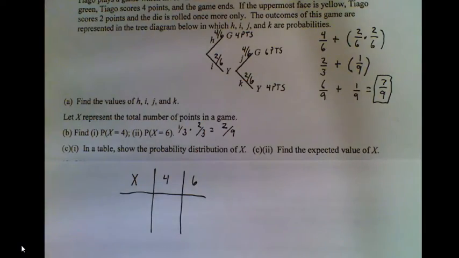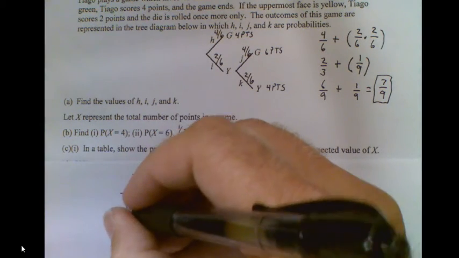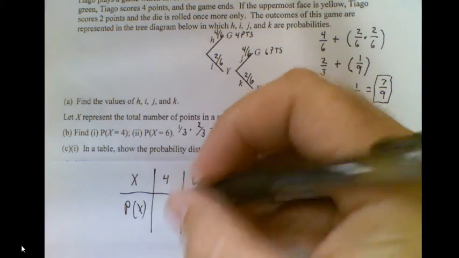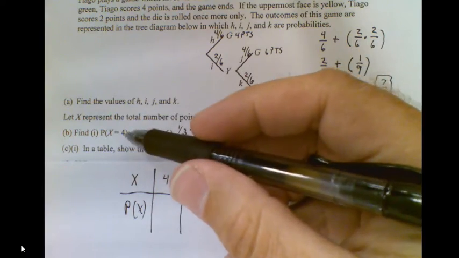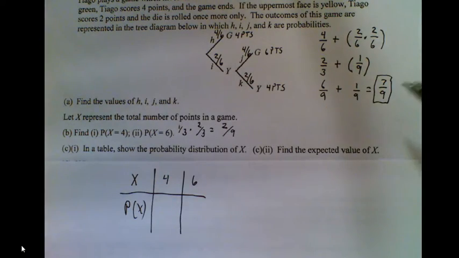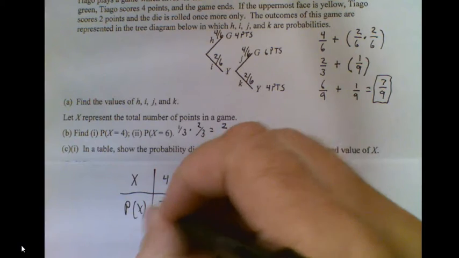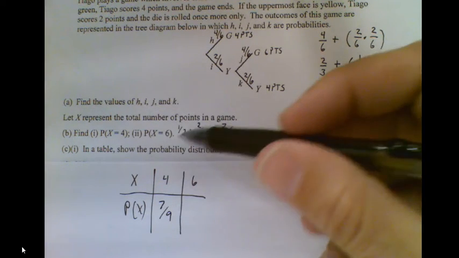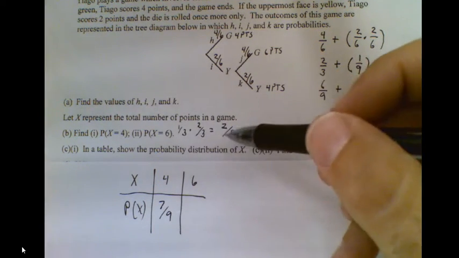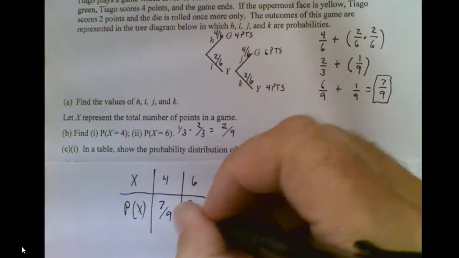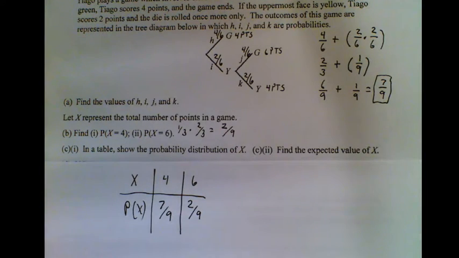Sorry, it's a simple table, but anyway, we saw that the probability that X equals 4 was 7/9, and the probability that the total value was 6 points was 2/9. So there's our distribution table.